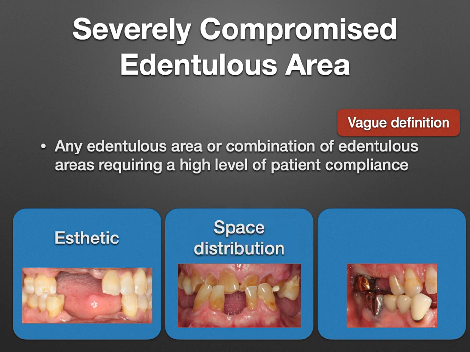The second one is about space distribution. In this case, as you can see, the lower anterior teeth are partially missing. The space may be bigger than 1 tooth but less than 2 teeth, but the patient really lost 2 teeth.